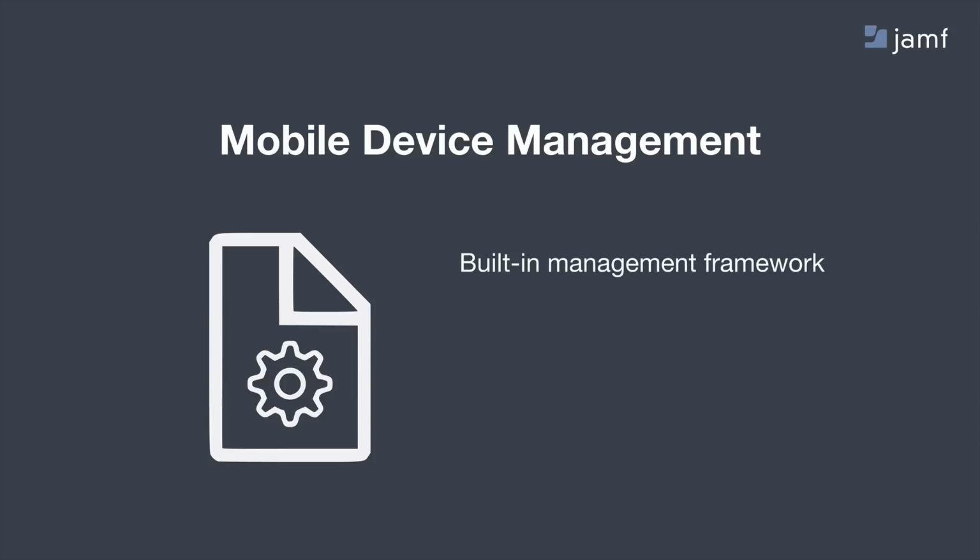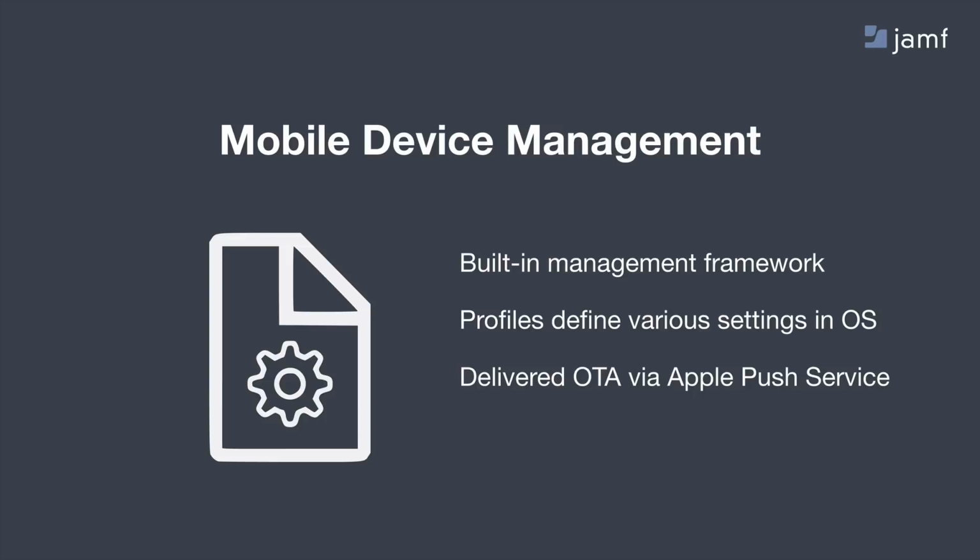It's simply the built-in management framework for all of Apple's operating systems. These are little profiles that you build, and you define various settings inside of the operating system. These profiles are delivered over the air via Apple's push notification service. You build these profiles using a tool like Jamf, and they're just really tiny XML files.